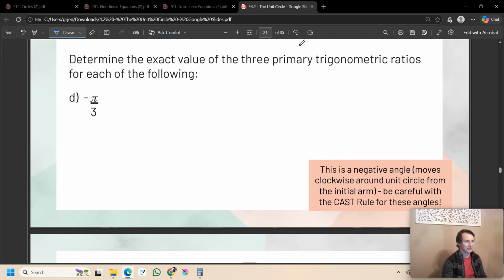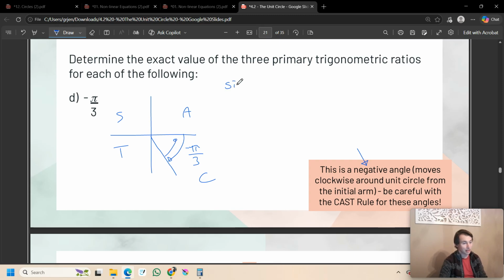All right, okay, so let's do negative pi on 3. This is a negative angle. Yeah, so we're going to draw a diagram, and we're going to go down here. That's there, and that's negative pi on 3. And what are those? So CAST, C-A-S-T, only cosine. So our related acute angle, our related angle is just pi on 3. Okay, that's our related acute angle.